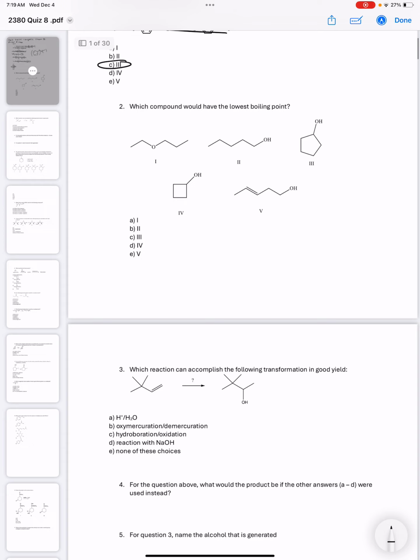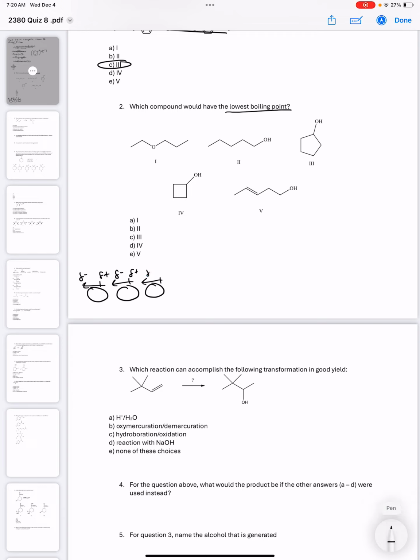The next question is which compound would have the lowest boiling point? So when I think of boiling point, I think of molecules. If you think of 2 molecules being attracted to one another, if this is positive and this is negative, the positive side will be drawn to the negative side of the other.